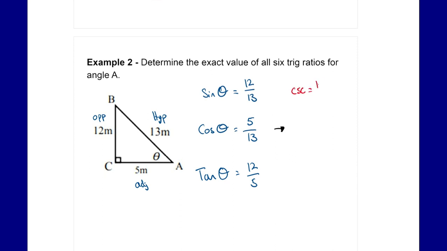Cosecant of an angle is going to be 13 over 12. Secant of an angle is going to be 13 over 5. And the cotangent of an angle is going to be 5 over 12. So again, just the reciprocal, I'm just flipping my ratio.